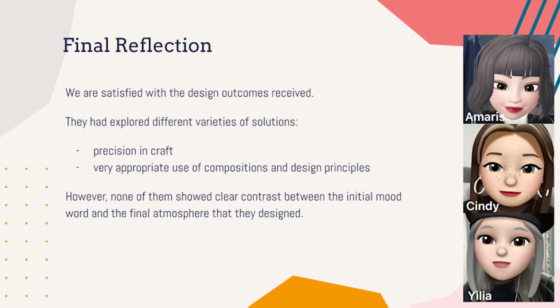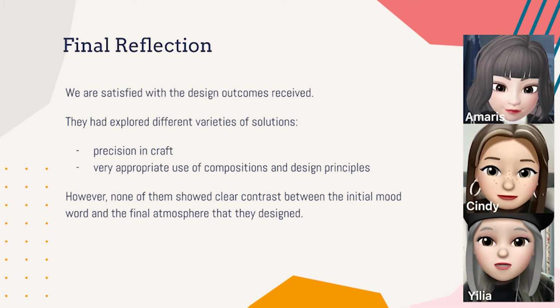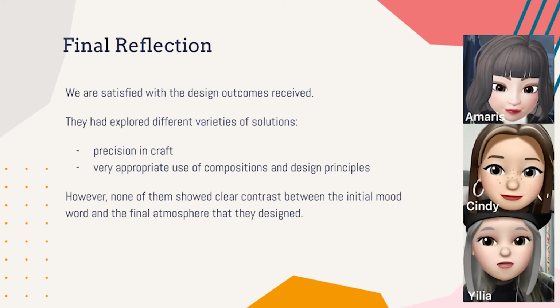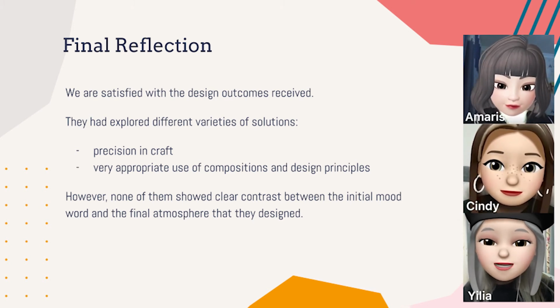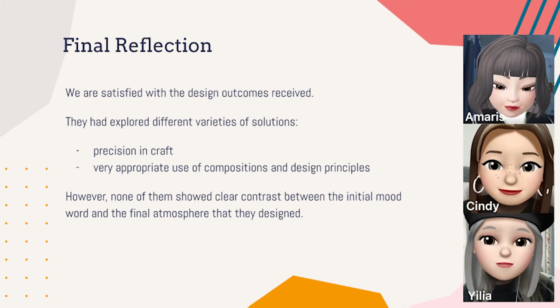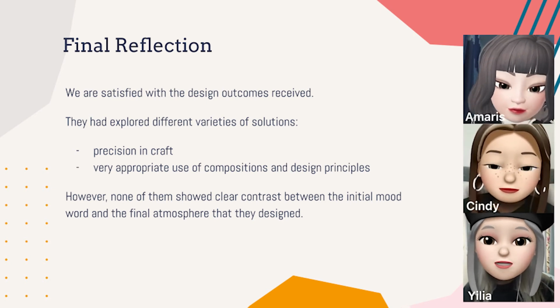But the outcomes they have shown precision in craft, very appropriate use of composition and design principles, but none of them showed a clear difference or a contrast between the initial mood world and the final atmosphere that they designed. It seems like they did not change their mood after playing the game, or it can also mean that our rules that we assigned are not clear enough in terms of the priority and main objective of the design task.